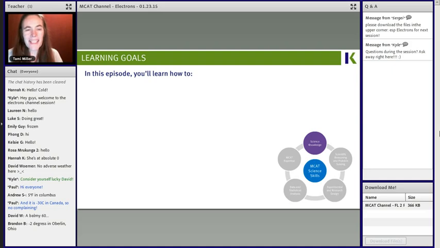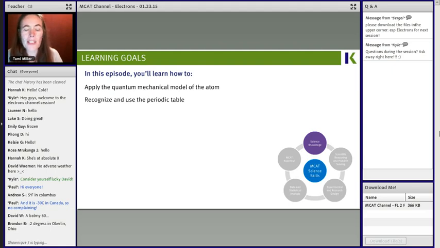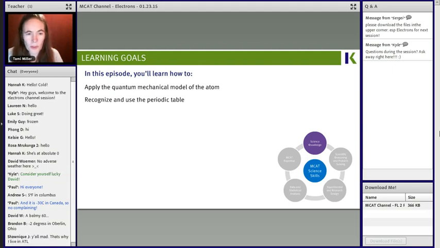So in this episode, we've got 4 different goals. Our first goal is to really look at the quantum mechanical model, so really get some of that quantum under our belts. Then we're going to recognize and use the periodic table, so we really need to understand it. Do we have to memorize the periodic table? What do you guys think?